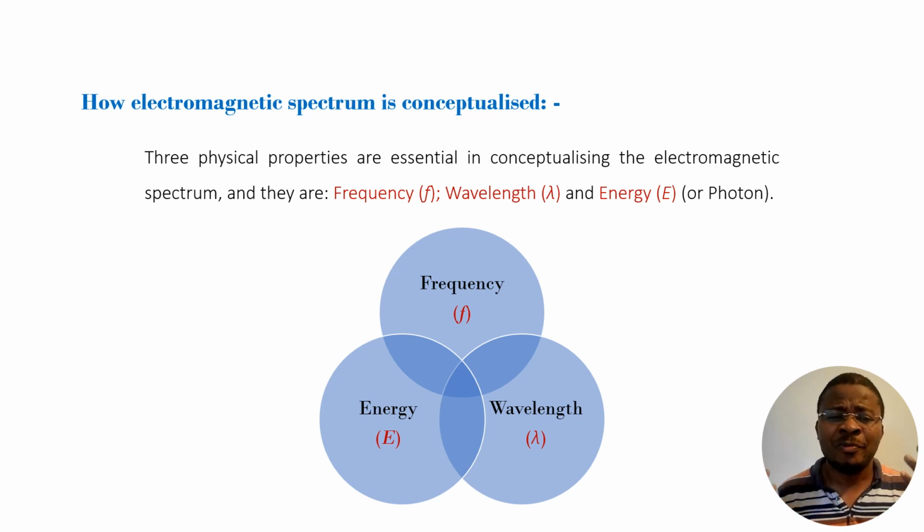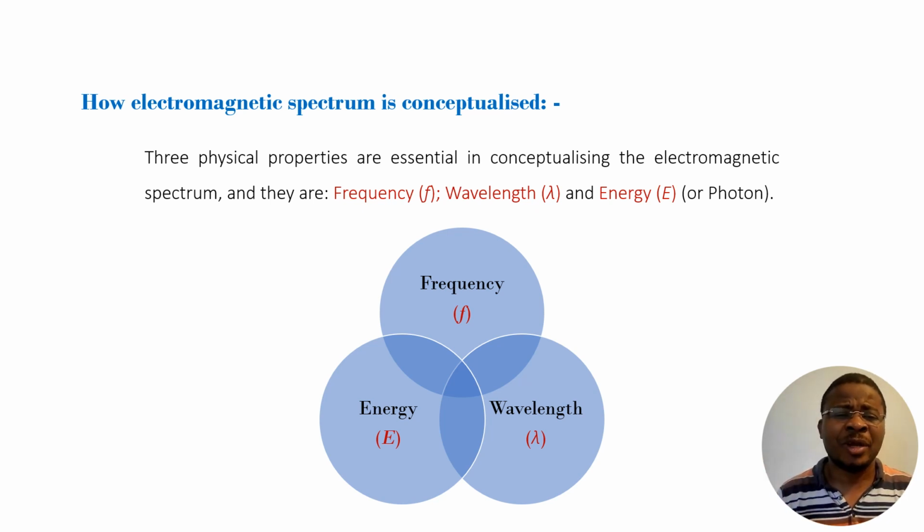Now, if you remember very well what we did in lecture two, when we looked at the dualistic nature of electromagnetic radiation, we saw that wave and particle principles undergird the whole workings of electromagnetic radiation. So we're now seeing it again, the coming together of wave and particle properties. We have frequency and wavelength being the wave properties, and then energy being the particle property.